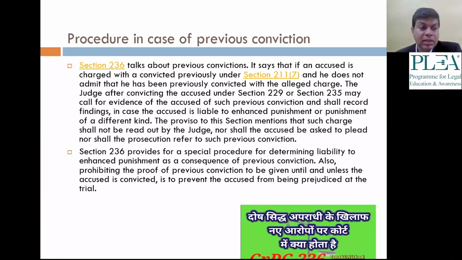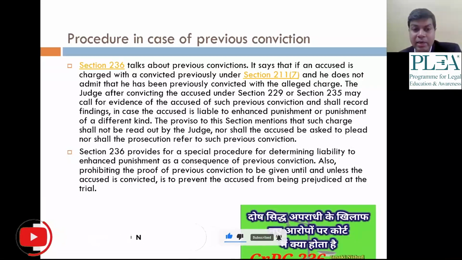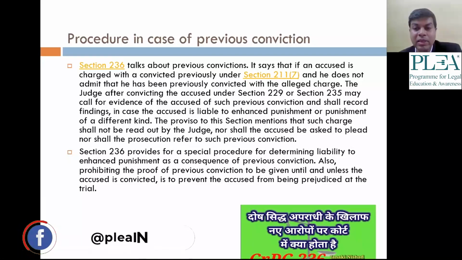Then the judge will give an enhanced punishment. So this section clearly states that under Section 236, there is a special procedure for determining the liability to enhanced punishment as a consequence of a previous conviction.